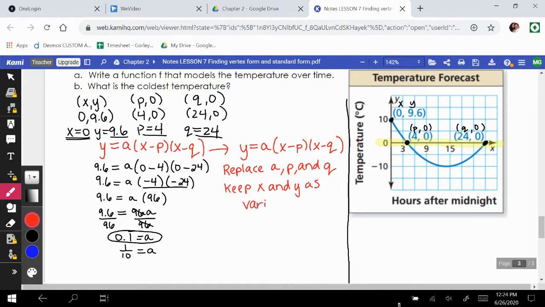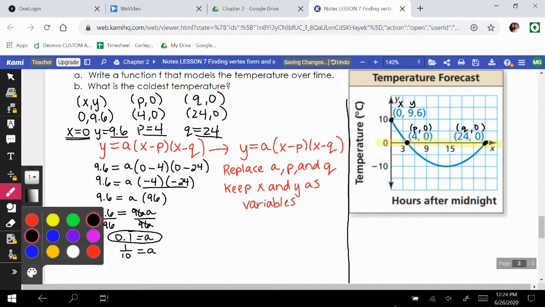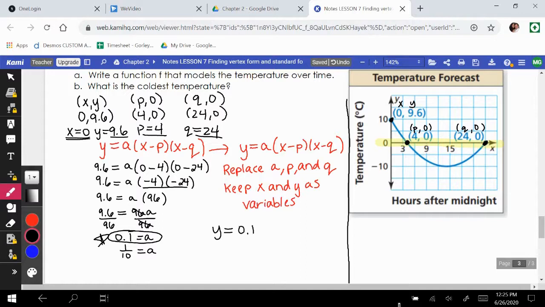Very similar to what we did in the last example with vertex form. So my final answer is going to be y equals, we got that a was 0.1, x minus p, p was 4, and x minus q, q was 24.